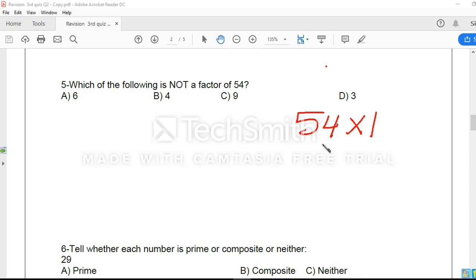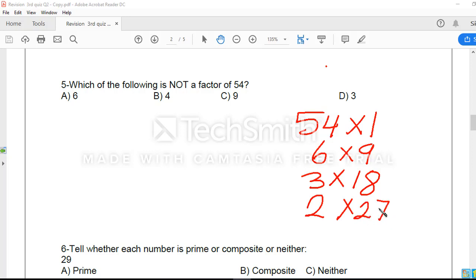It can also be 6 multiplied by 9. Also, yes, there is more: it can be 3 multiplied by 18. Also 2 multiplied by 27. All of these are factors of 54.